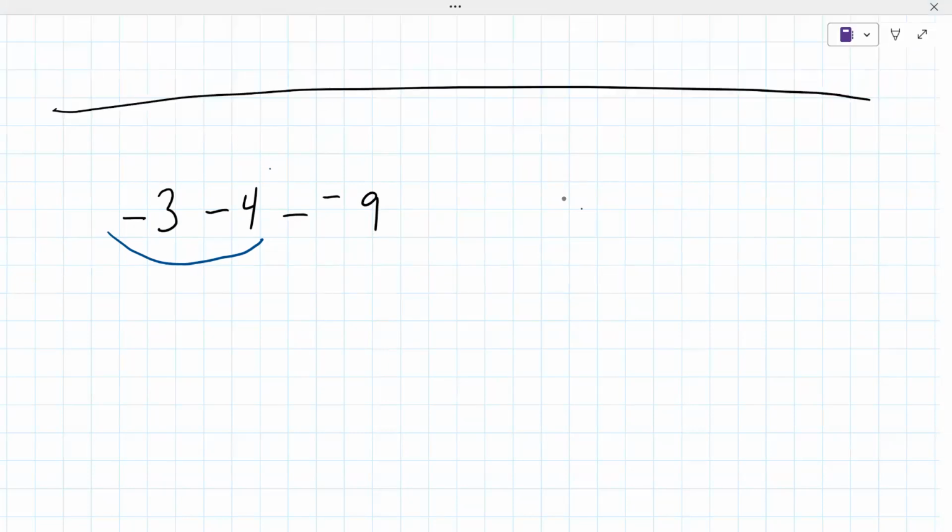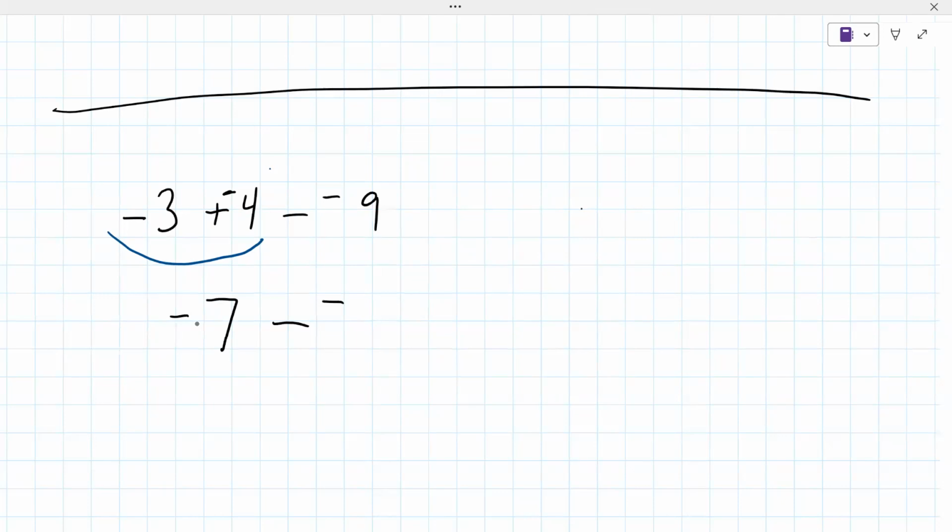They're both negative. -3 and -4, so they're both the same. Yes. So the number will be a negative. So it'll be 3 plus 4, which will be -7.